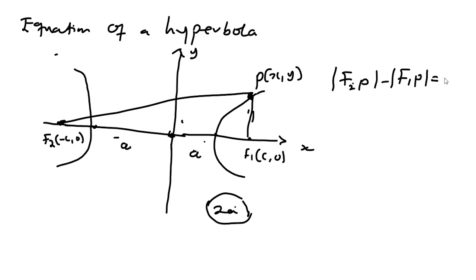is equal to 2a. From the definition, a hyperbola is a set of points in a plane such that the absolute value of the difference of the distances from each point to the fixed points is constant. This is equal to 2a, and it is constant.